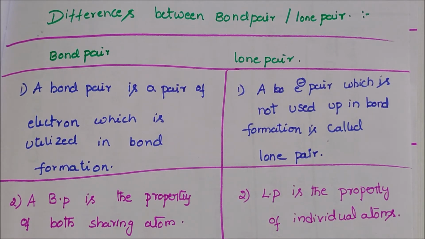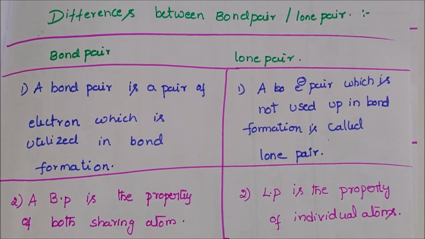An electron pair which is not used up, that means not involved in the bond formation, is called a lone pair. The second difference is that a bond pair is the property of both the sharing atoms, and the lone pair is the property of an individual atom.